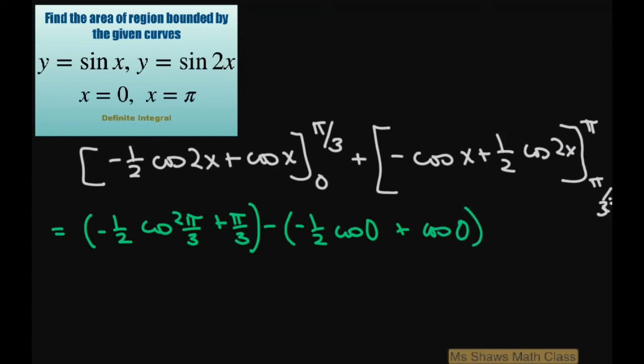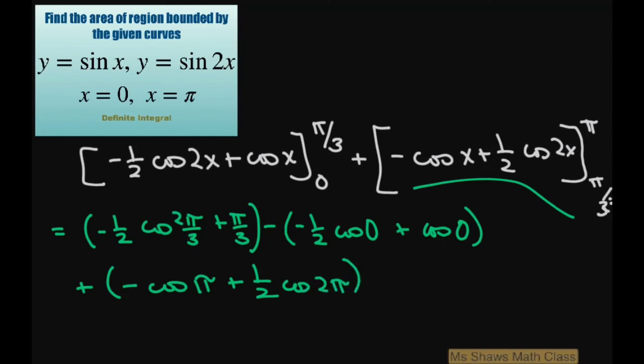For the second part, we have negative cosine of pi plus 1/2 cosine of 2 pi, and then minus negative cosine of pi divided by 3 plus 1/2 cosine of 2 pi divided by 3. Let's go ahead and evaluate all this.